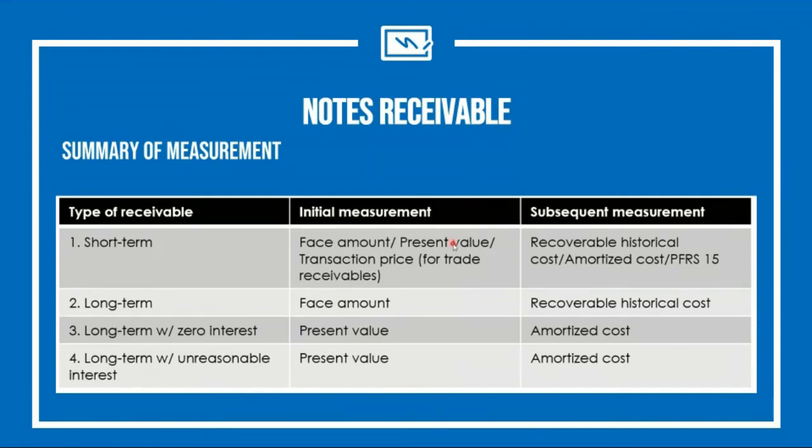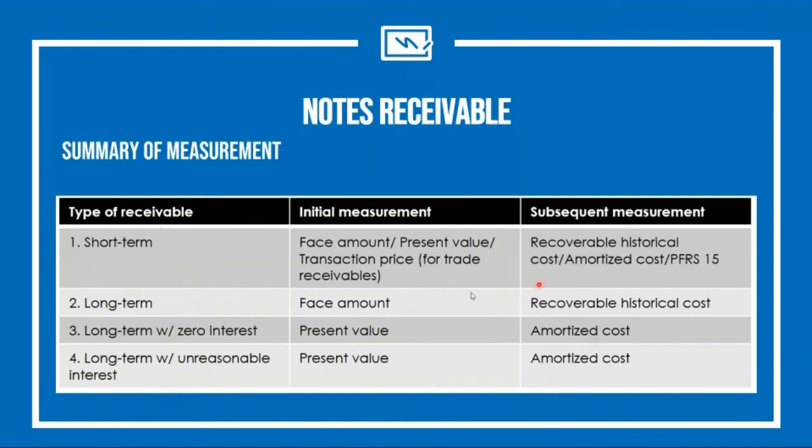Kasi, possible nga na i-measure natin at present value kahit short-term yan, not unless in-impose nung company yung practical expedient wherein i-recognize na lang siya at face amount without discounting. Subsequent measurement will be recoverable historical cost or amortized cost or PFRS 15, depende kung ano ang applicable na standard doon sa short-term na receivable.